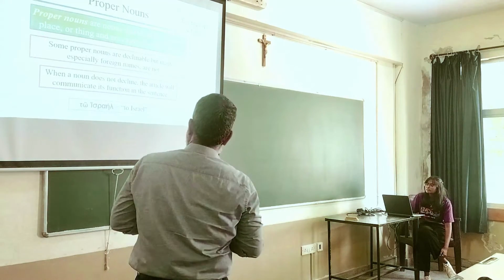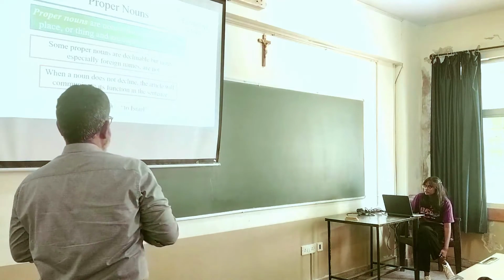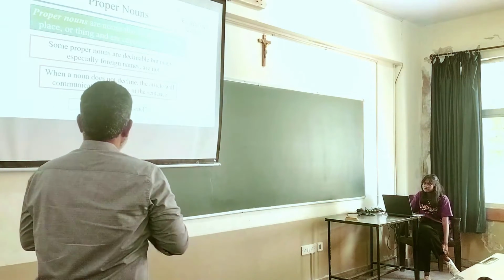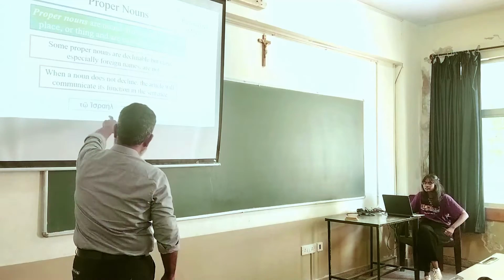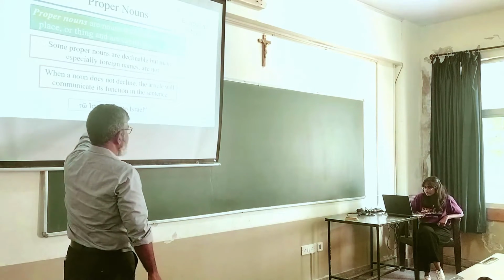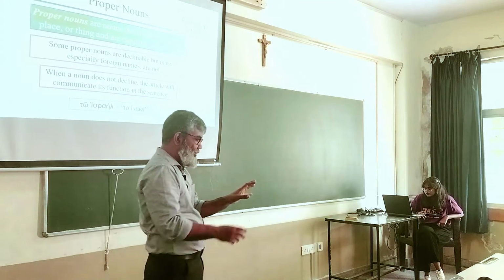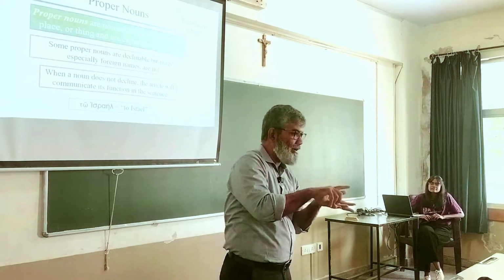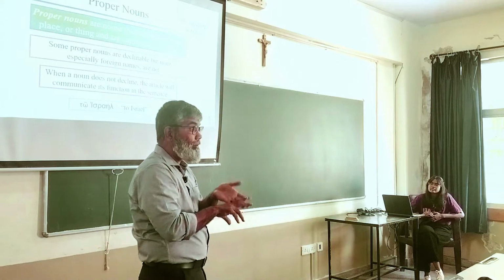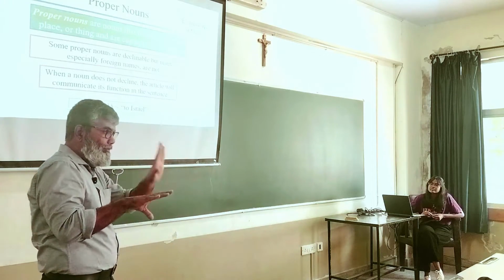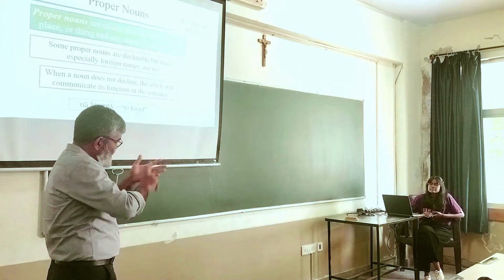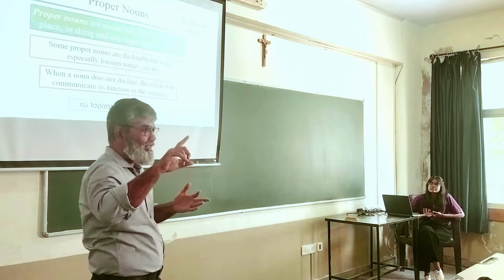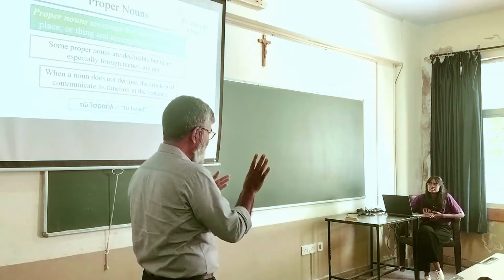And some proper nouns are declinable, but many, especially foreign names, are not. Declinable means that for some names, the ending can change. That means some proper nouns can have a genitive form, a nominative form, a dative form, an accusative form. But some nouns, though they are in possession or indirect object, can't be declined.